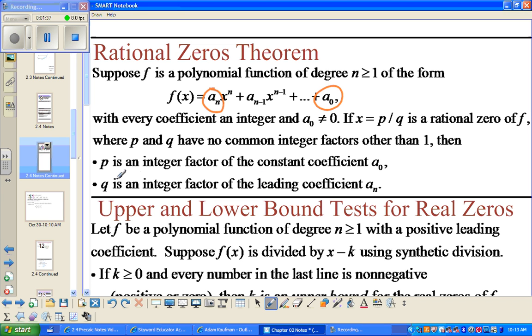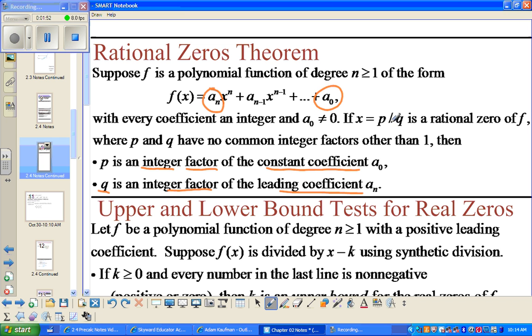So we let p be an integer factor of the constant coefficient, that's your a sub 0, and we let q be an integer factor of the leading coefficient.